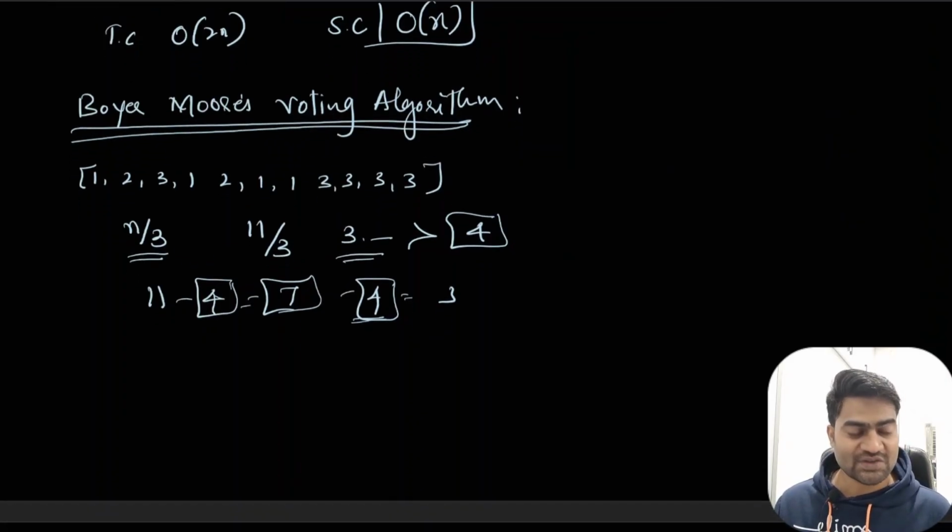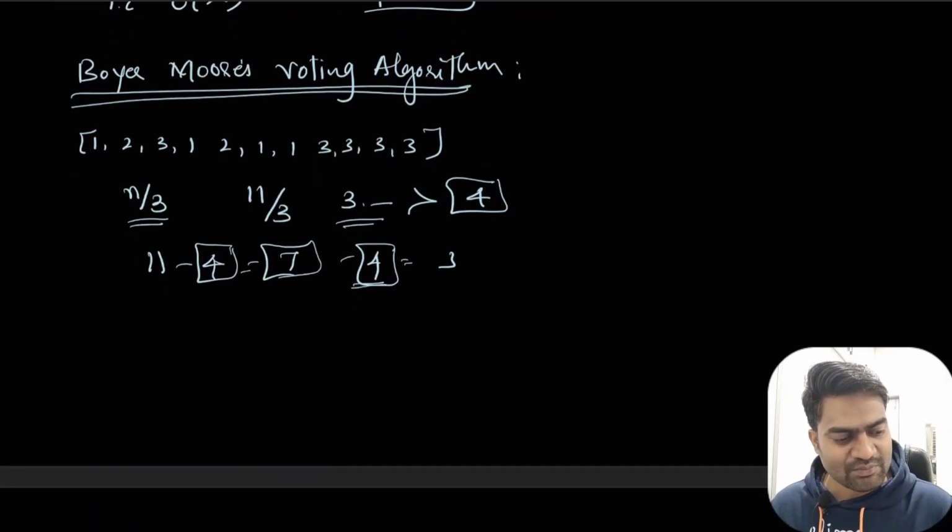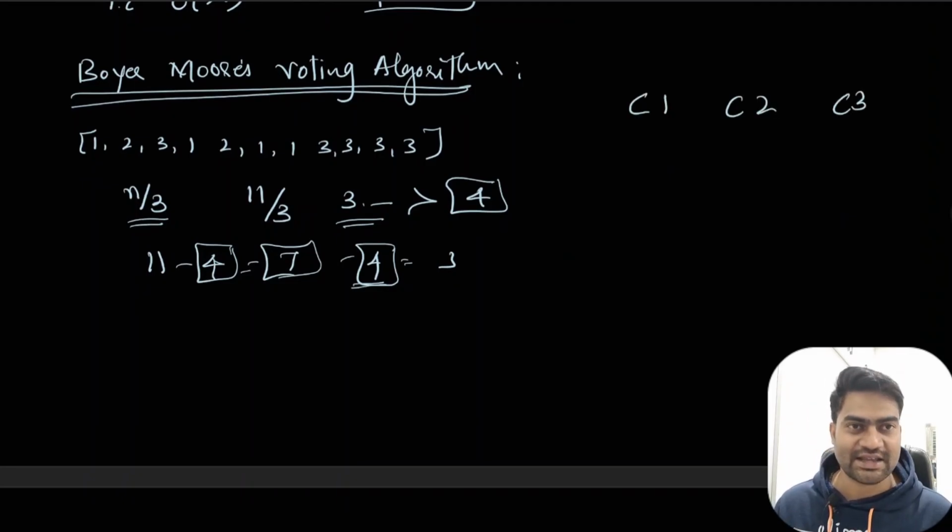Now before solving this, let us try to understand one more concept. Say for example, we have candidate 1, candidate 2 and candidate 3. Assume we got 1 vote for candidate 1. So candidate 1 is leading. Again we got one vote for candidate 2. Now candidate 1 and candidate 2 are leading with 1 vote each, because candidate 3 still has 0 votes.